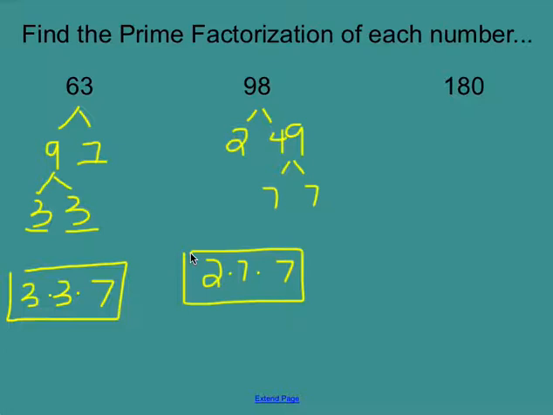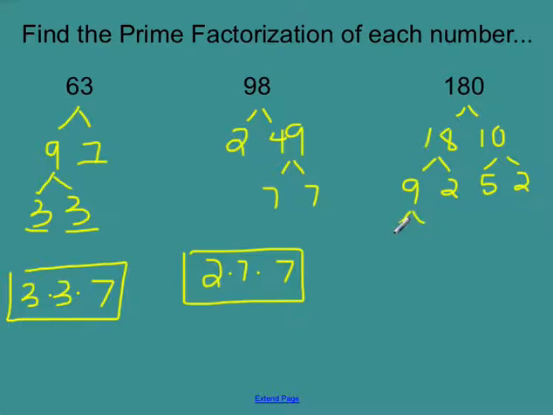Next, let's take a look at 180. So what multiplies to 180? Well, I see that it ends in a 0. Since it ends in a 0, it has to be divisible by 10. So what I did is I split it up into 18 and 10. 18 you can divide into 9 and 2. 10 you can divide down into 5 and 2. So we have all primes? 2 and 5 are both prime, but the 9 is not.